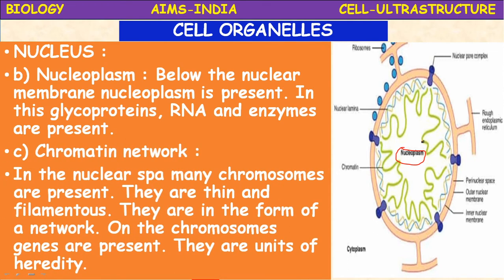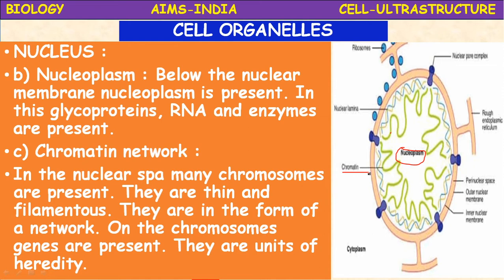Then the chromatin network, this green colored part surrounding the nucleoplasm. So it is called the chromatin material or chromatin network. In the nucleoplasm, many chromosomes are present. They are thin and filamentous.